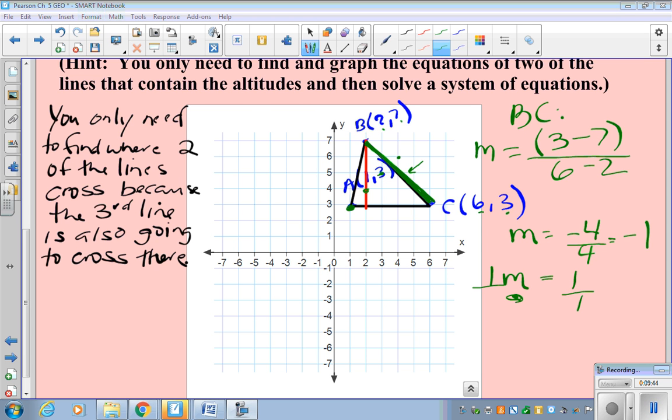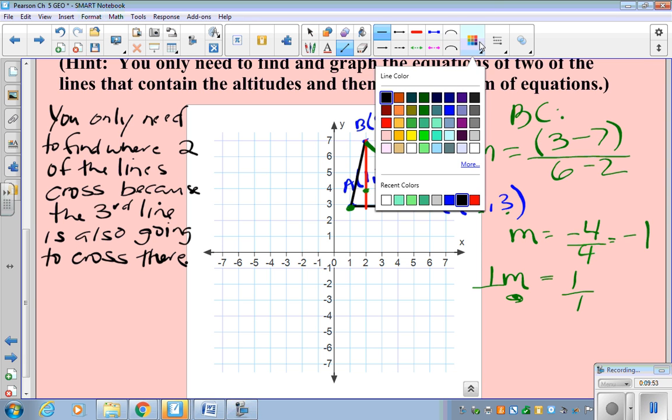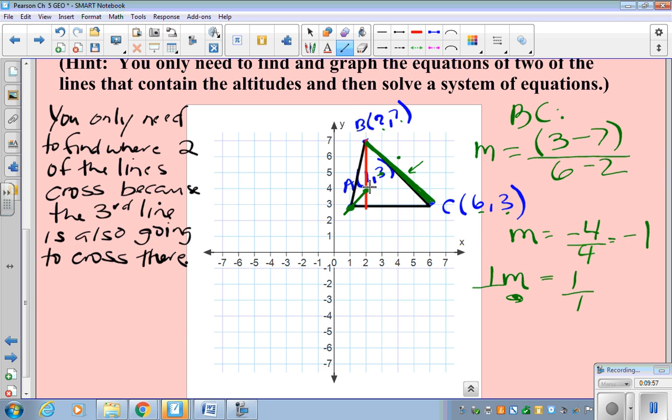Then I'm going to connect those dots with a straight line, and you guys have a ruler, so feel free to do that.